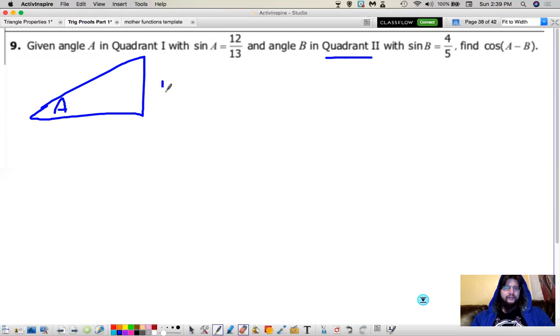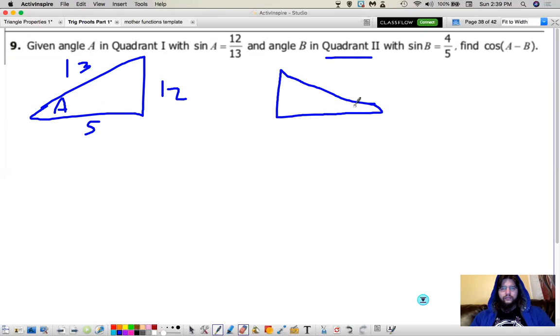Everything's positive. 12, 13 right triangle. Quadrant 2 is looking like this. The x value is going to be negative, so that's going to be a negative 3. Pythagorean theorem, you'll get 3, and it has to be negative because we're in quadrant number 2.